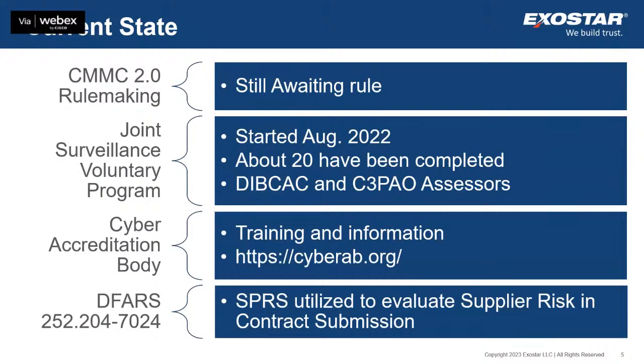So this is that score you enter into the SPRS system, as well as some other information provided by the different suppliers. All of that information goes into an overall risk score. And now federal contracting officers can use that score as they evaluate contract awards.